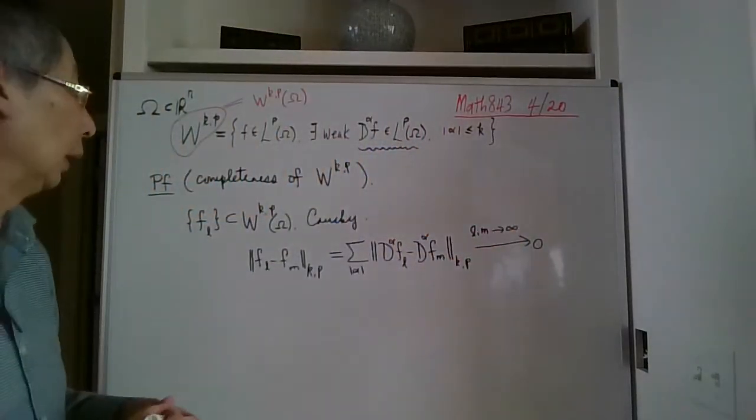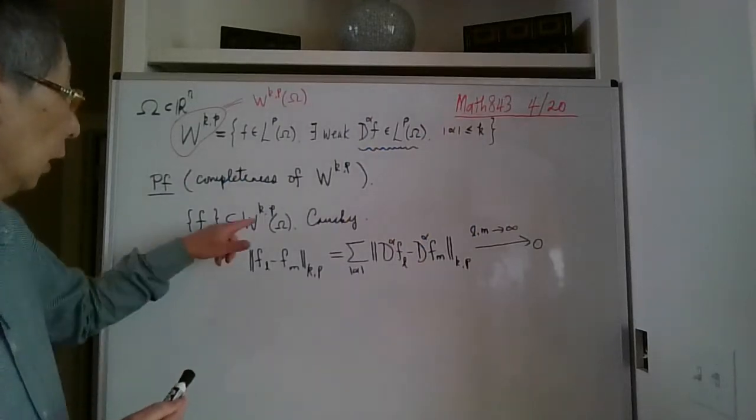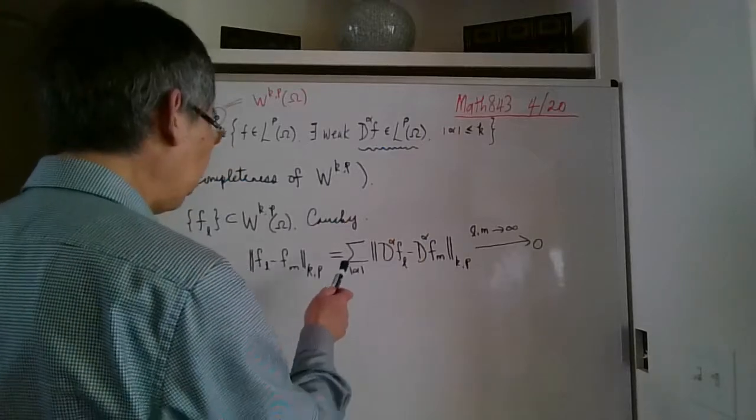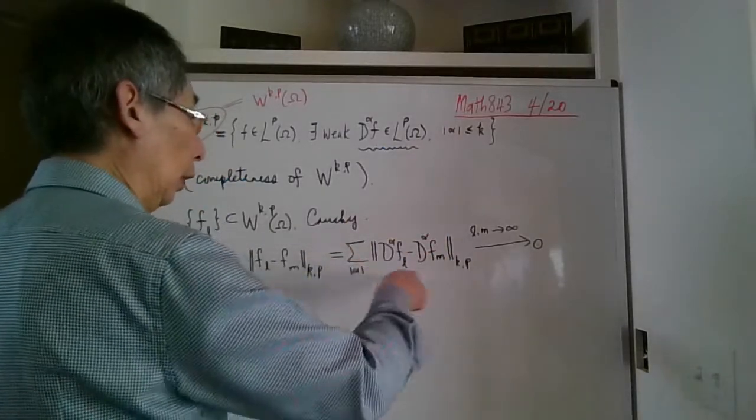So this is what I mean by the sequence being Cauchy in W^{k,p}. Now you can look at the norm: the whole summation goes to 0.